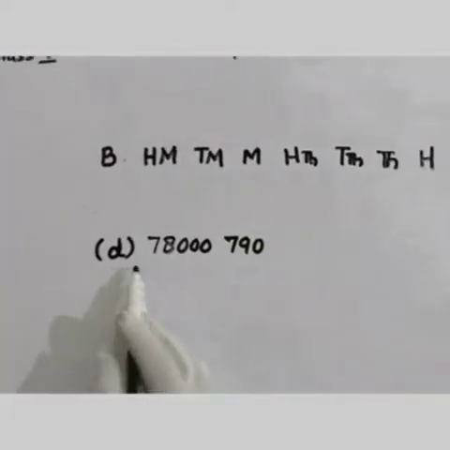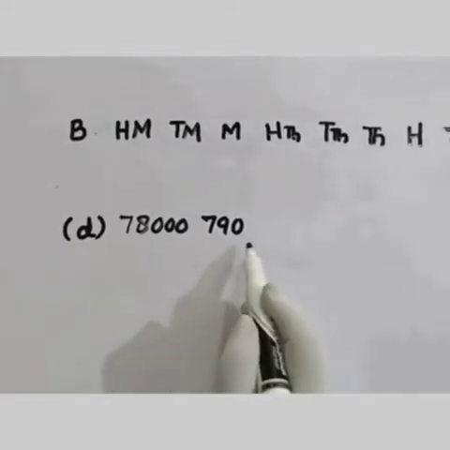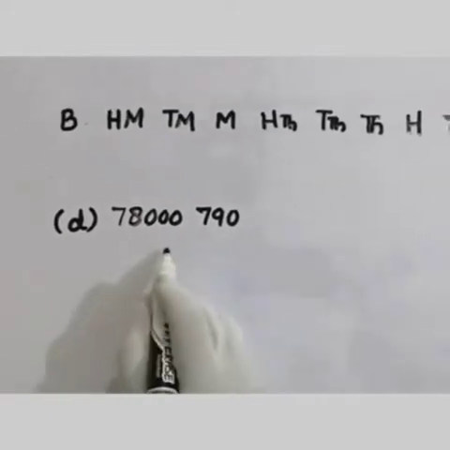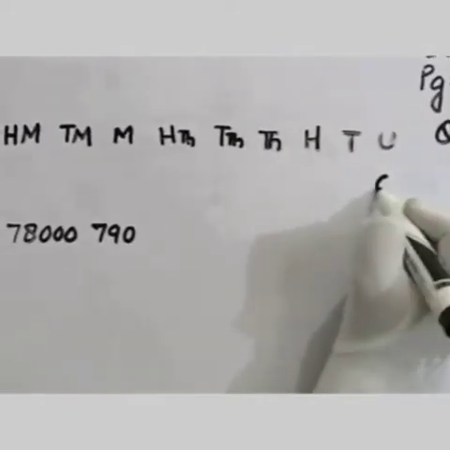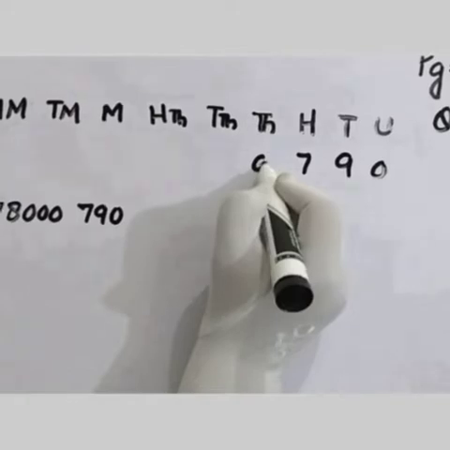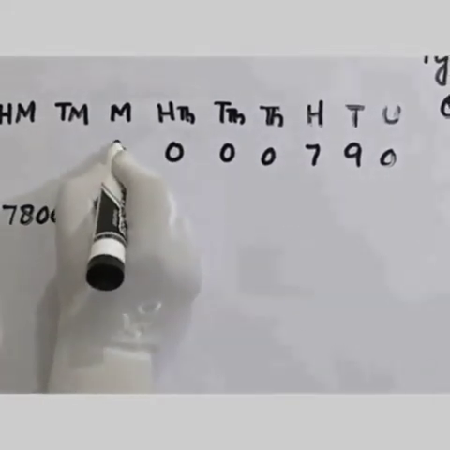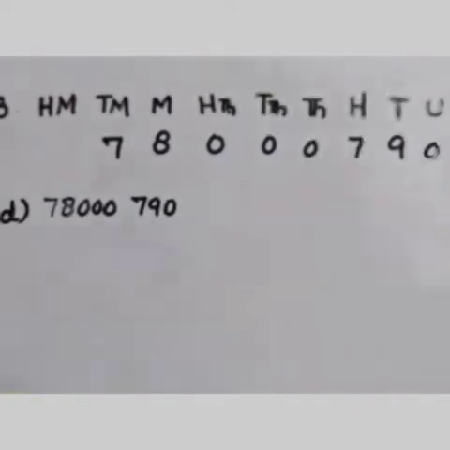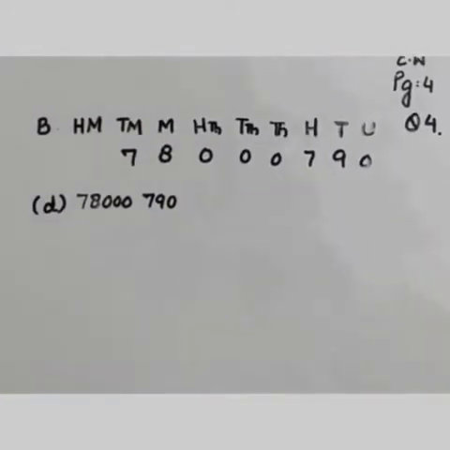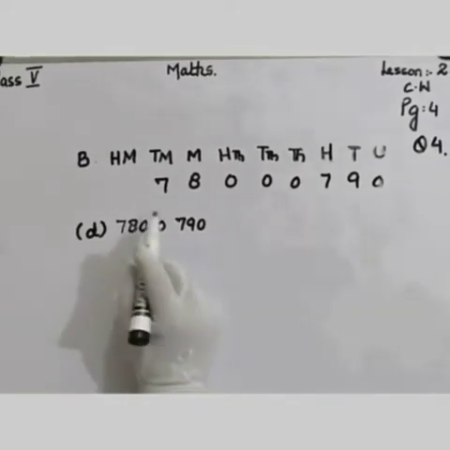In part D, the number is 78000. We first place it in a place value chart. 0, 9, 7, 0, 0, 0, 8, 7. It is a number. Now how do we write it in words?